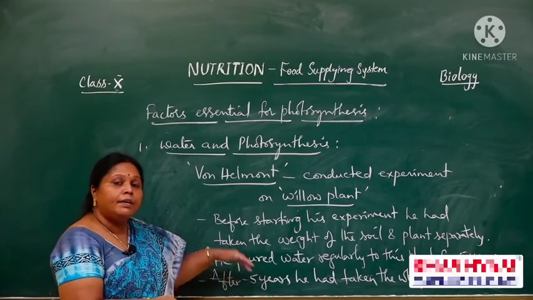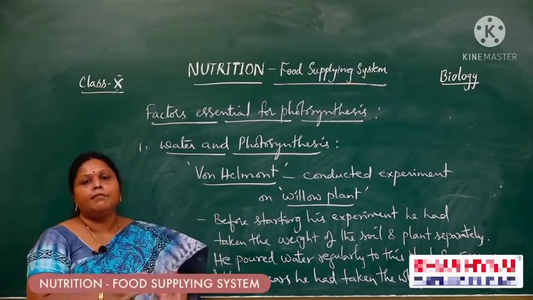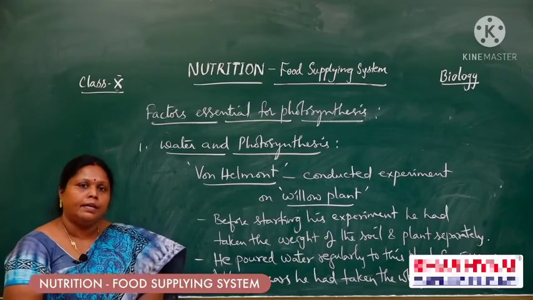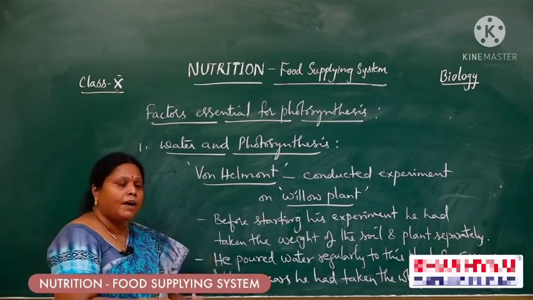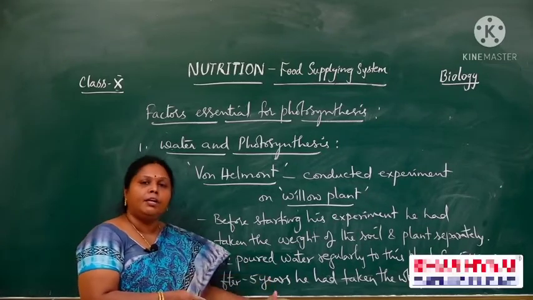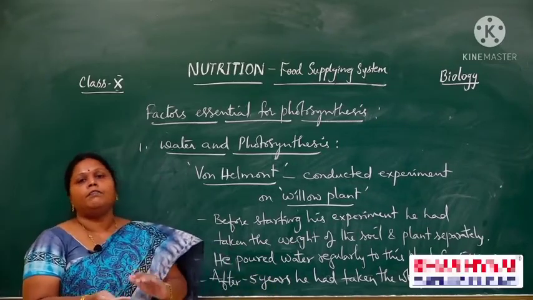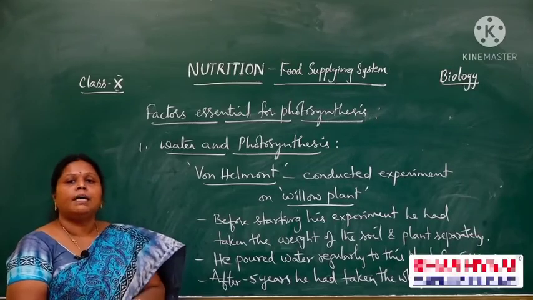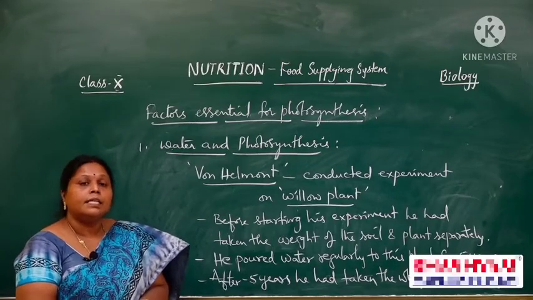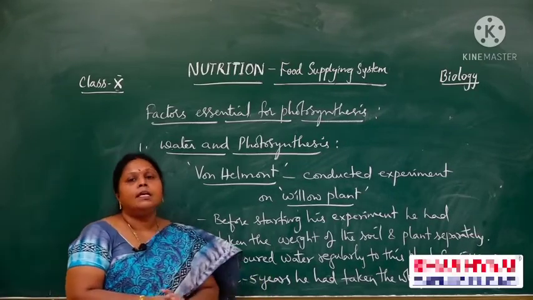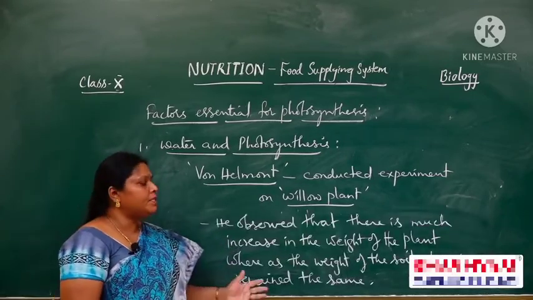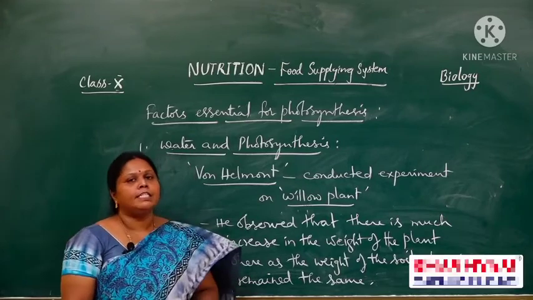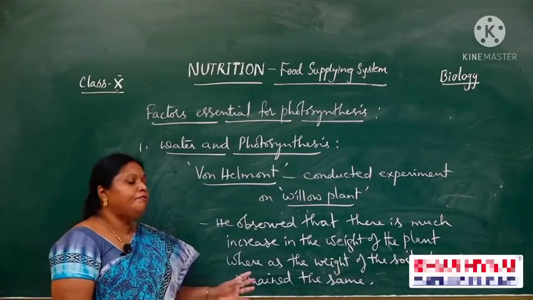So 5 years earlier, he had taken the weight of the soil and the plant weight, noted as initial readings, and now after 5 years, he took the weight of the soil as well as the weight of the plant, and noted them as the final readings. And surprisingly, he could see some changes in these readings.